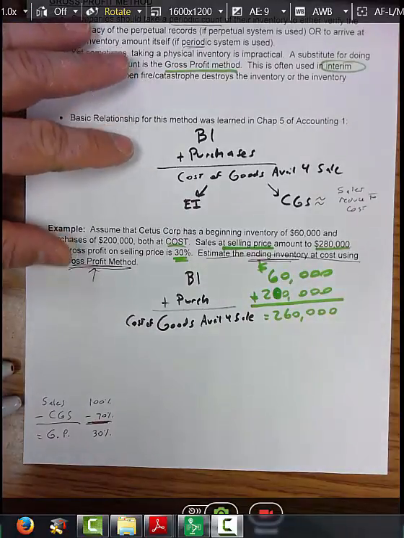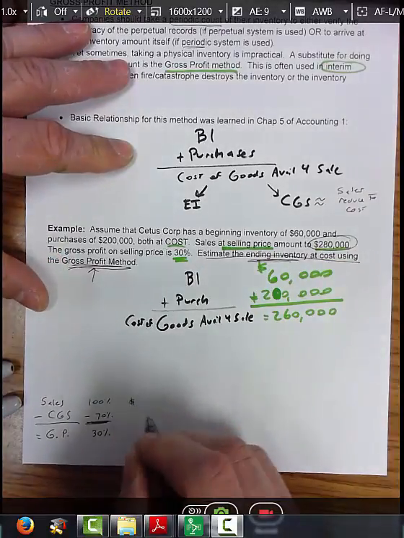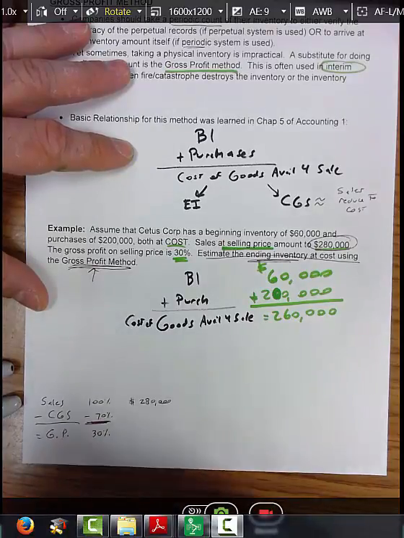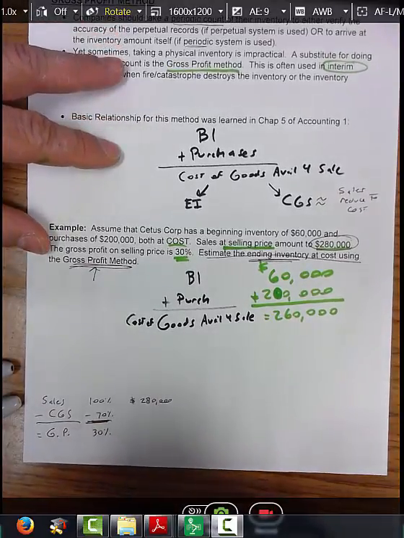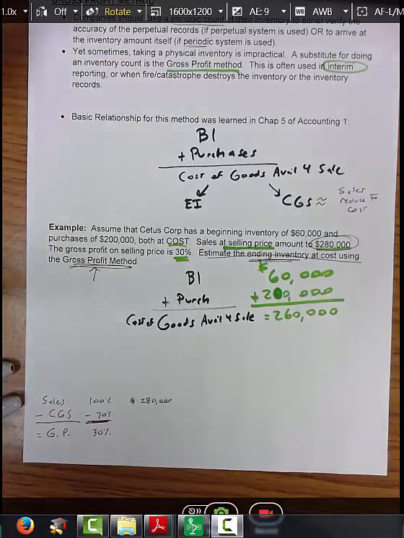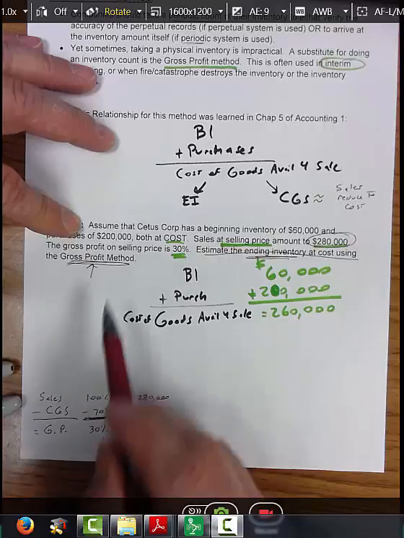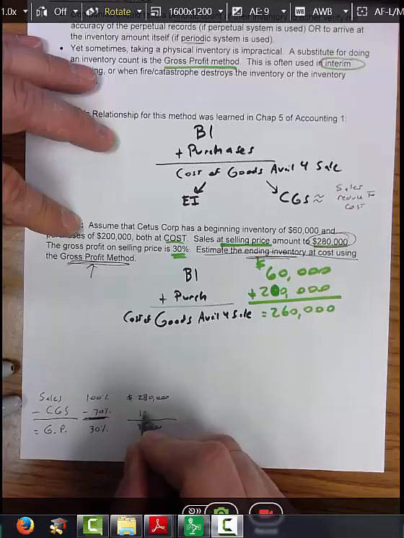So, what is our sales amount? Our sales amount is $280,000. Gross profit is 30% of sales, which would be 30% of 280,000, which is 84,000. So our cost of goods sold is 196,000, right?